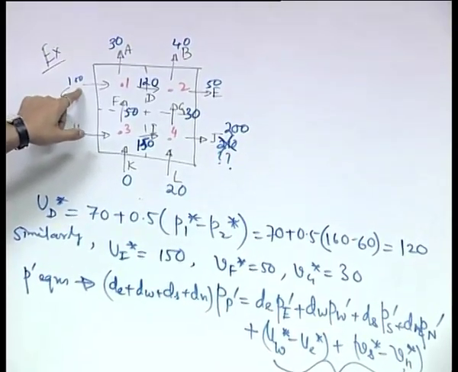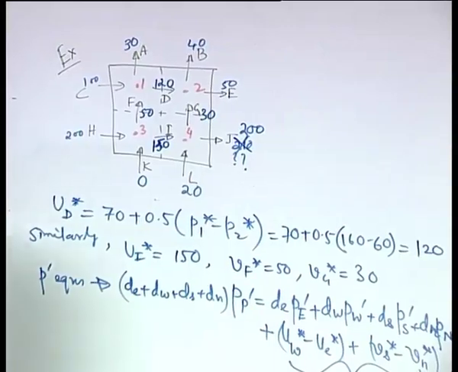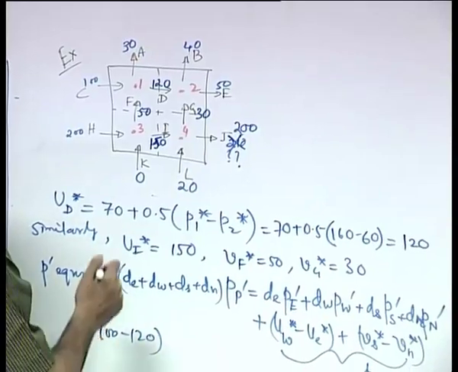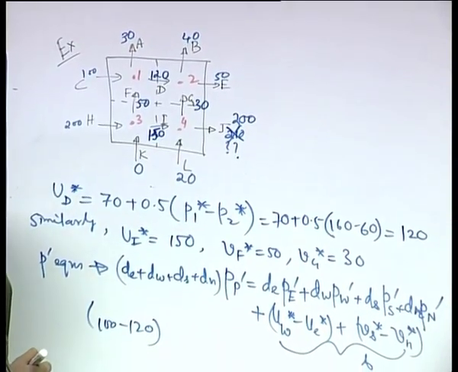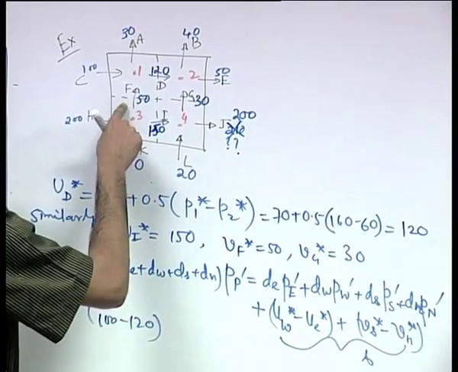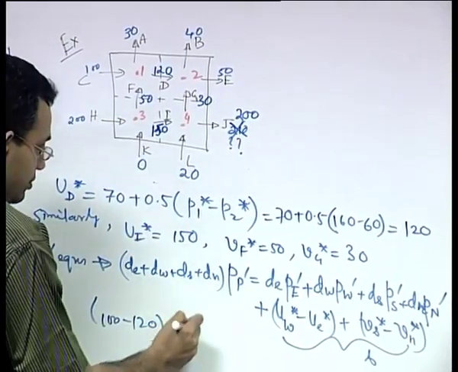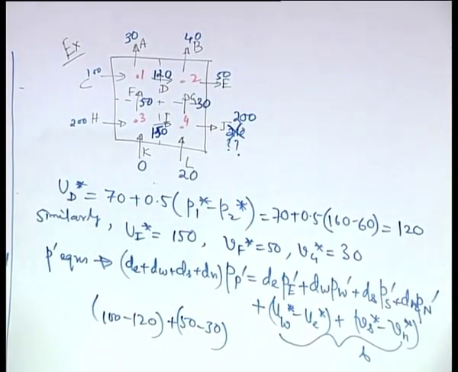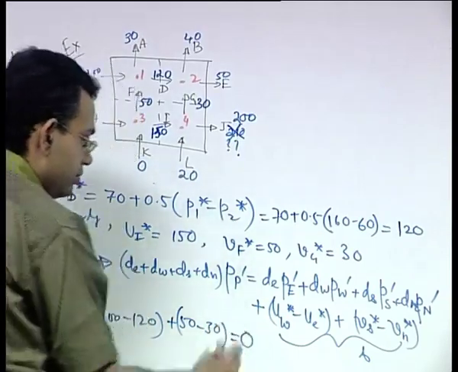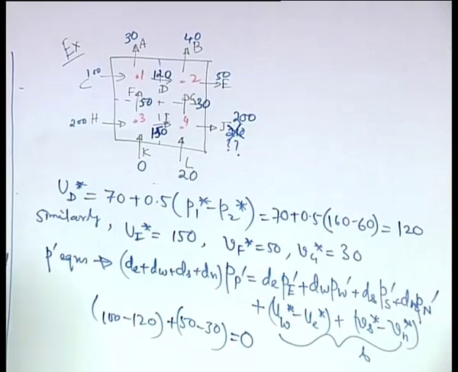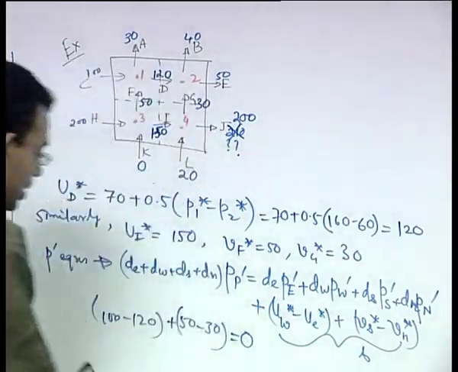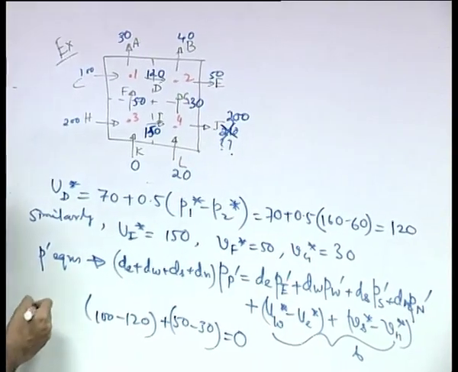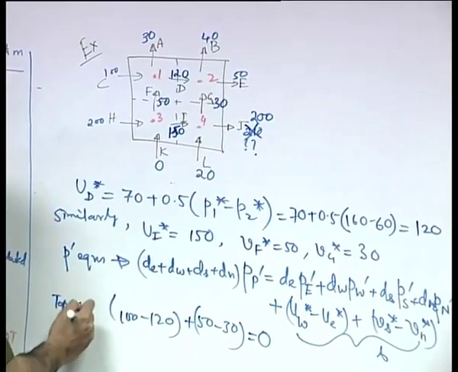Inflow minus outflow along X, 100 minus 120, and along y 50 minus 30. So, this is equal to 0. This is for the top left control volume.